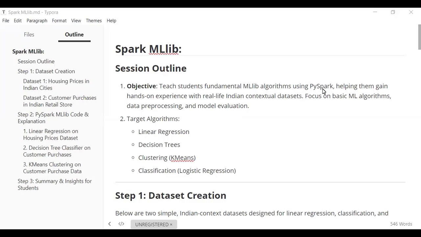Okay, what is machine learning? What we learned so far is understanding the data, describing the data, analyzing the data and visualizing the data. These are the things we covered, broadly speaking.